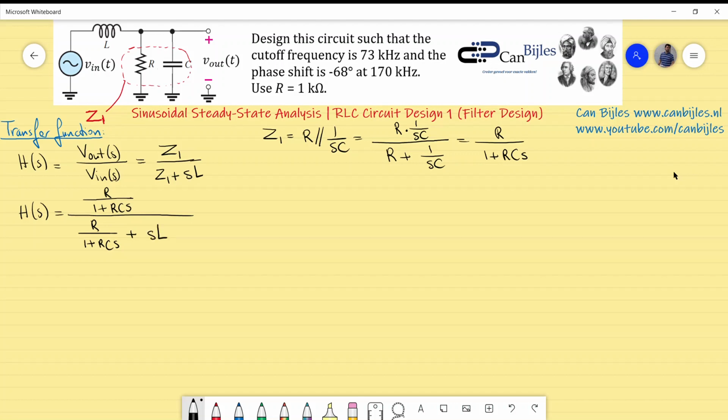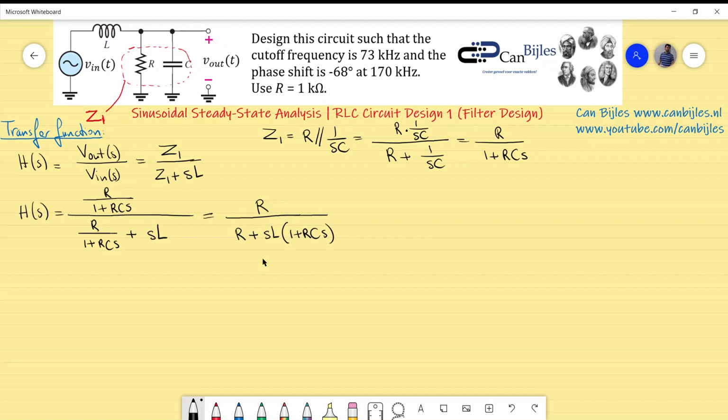What can I do to simplify this, because it is not really a useful expression in this form? I can multiply the denominator and the numerator by 1 plus RCs. That cleans up a lot, so it will be: R divided by R plus sL times 1 plus RCs.